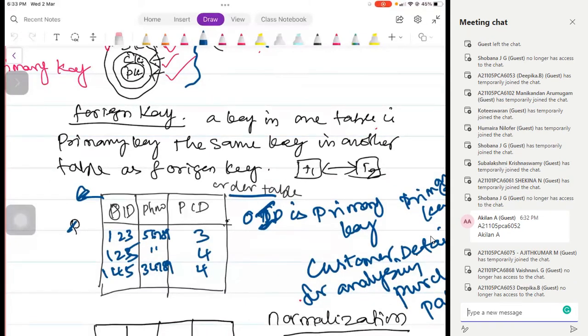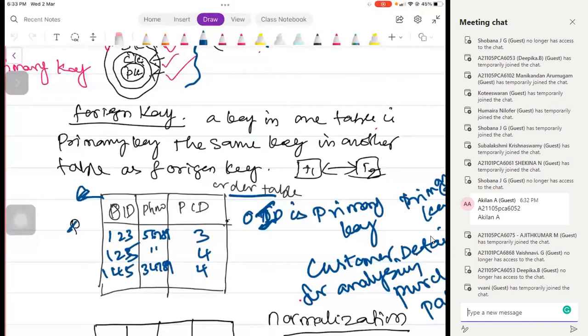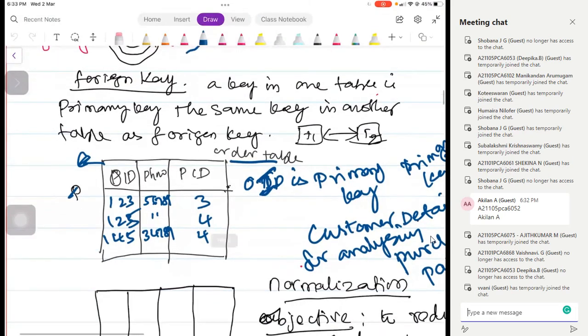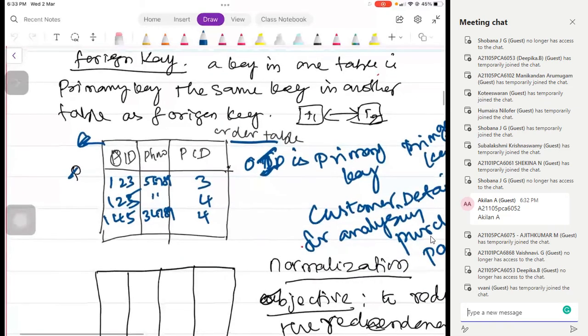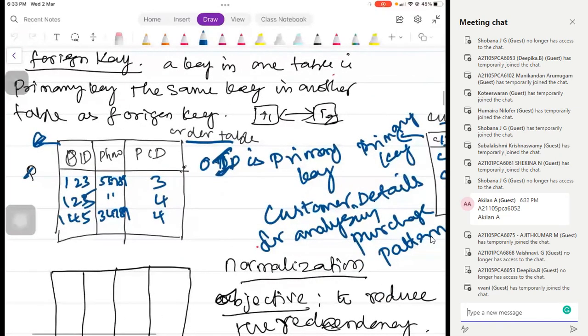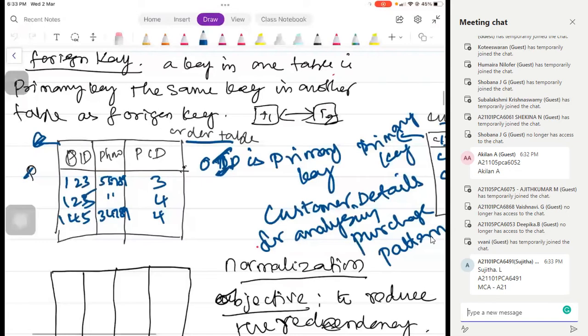The same thing I have said now. Once a purchase order is placed, there are order details as well as item details as well as customer details. So how can you integrate them? Referential integrity comes in there. So order ID, phone number, product ID. Order ID is a primary key, isn't it?